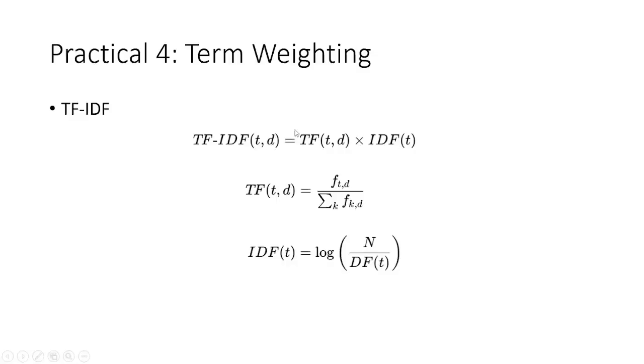Term frequency, as you are aware, is the number of occurrences of that particular term in the document divided by the total number of words in that document, and inverse document frequency is the number of documents present in the corpus divided by the document frequency of that particular term. So you can calculate the weightage for each and every term in the document corpus.